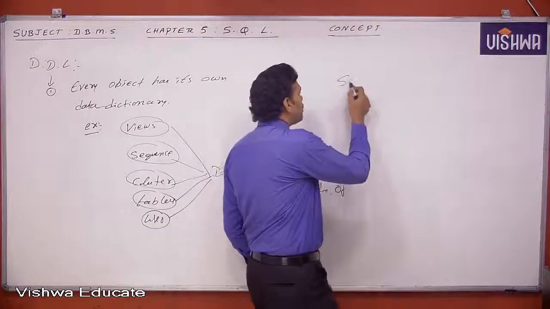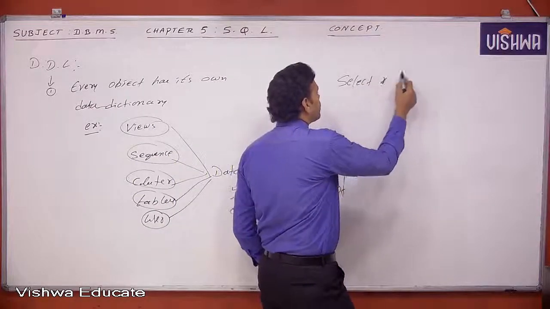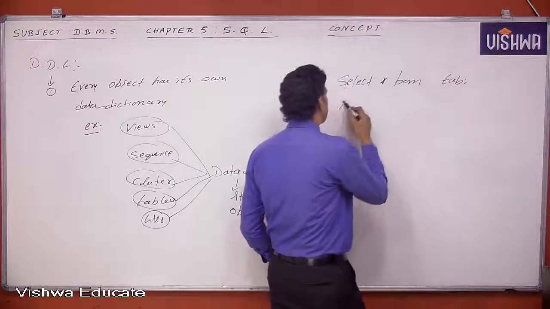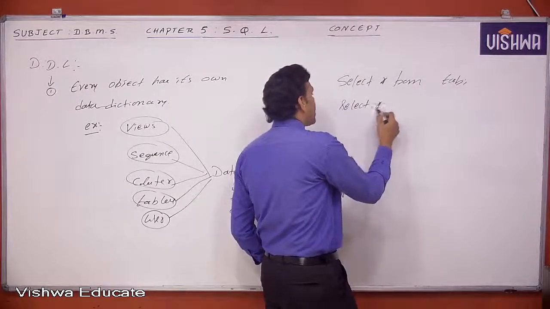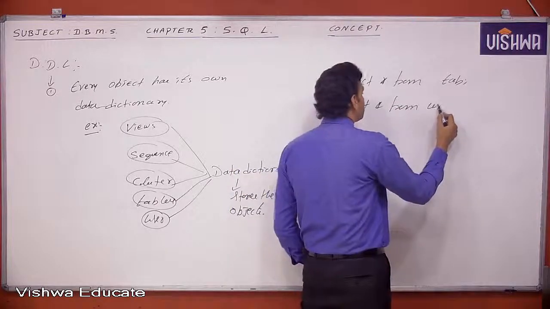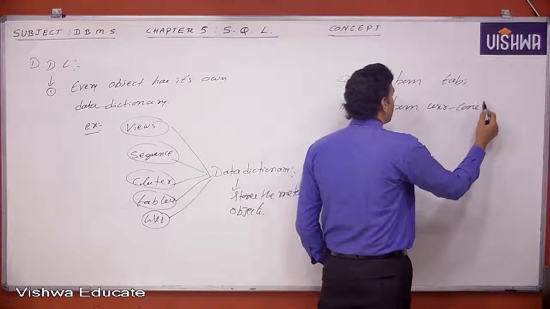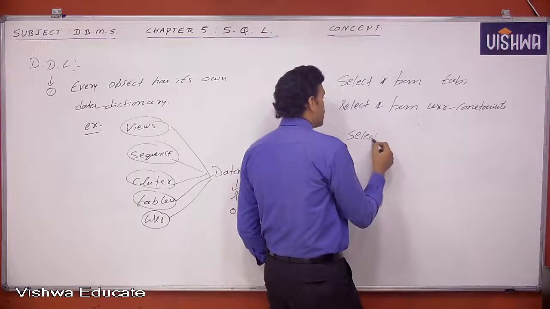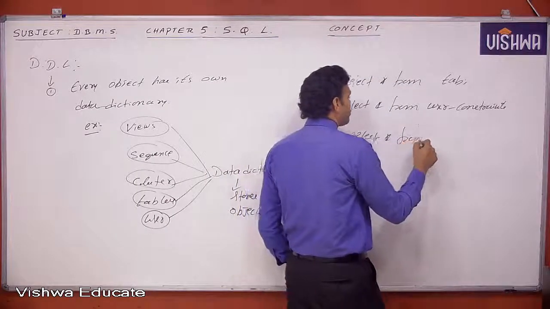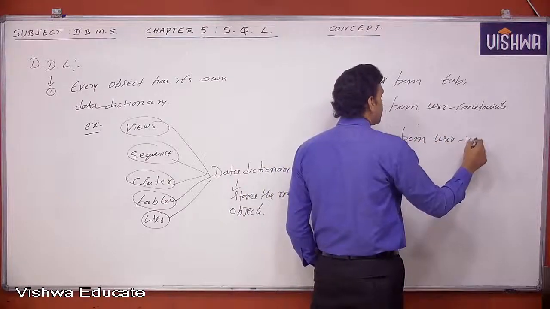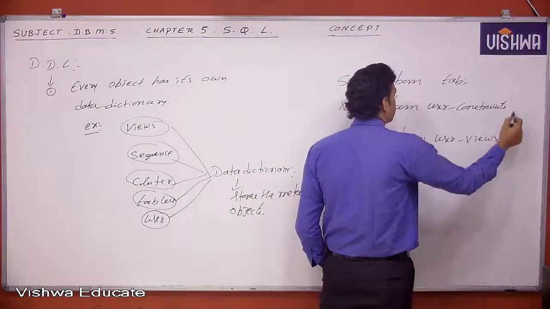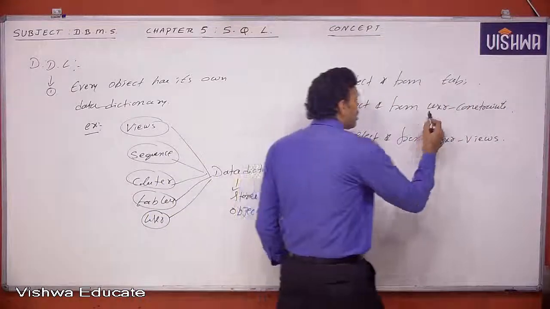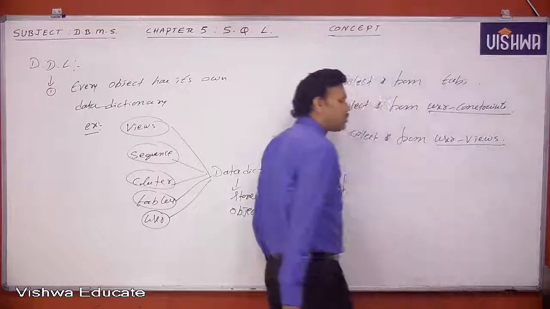For example, I can use select * from tab, select * from user_constraints, and select * from user_views. These are all data dictionaries which store the metadata of objects.